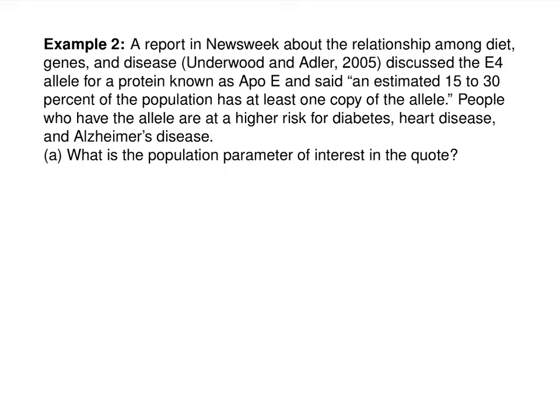Well, population parameters can be means or proportions. So you should say what you're talking about here, if it's a mean or a proportion. We have 15 to 30%. That means you're talking about a proportion.